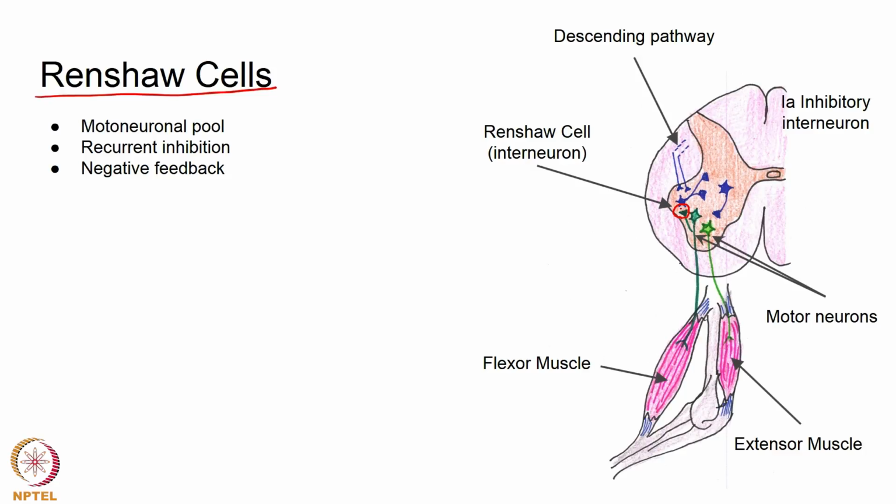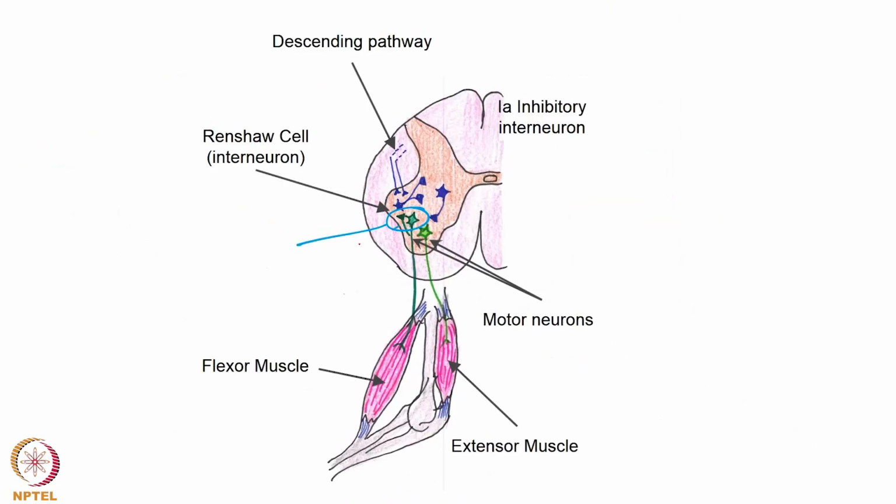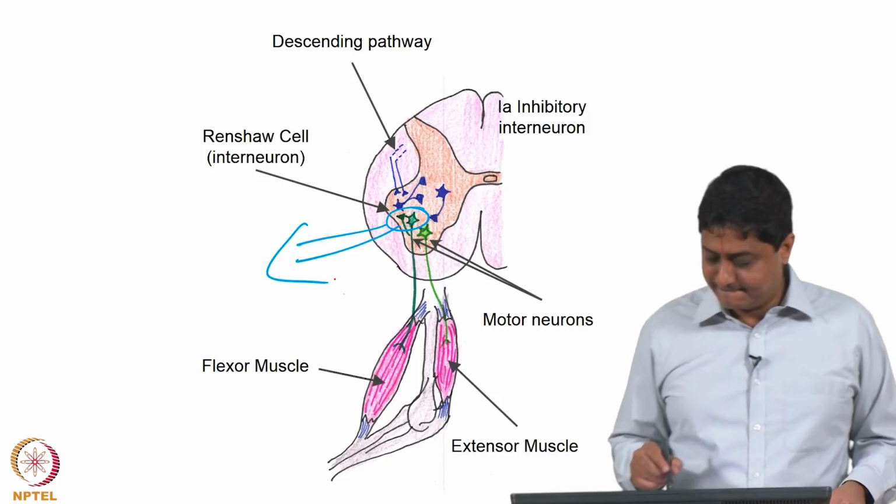This is activated along with the motor neuron, which I am going to circle with blue here for the sake of clarity. That is that one. That is the motor neuron. Zoom this out for clarity.